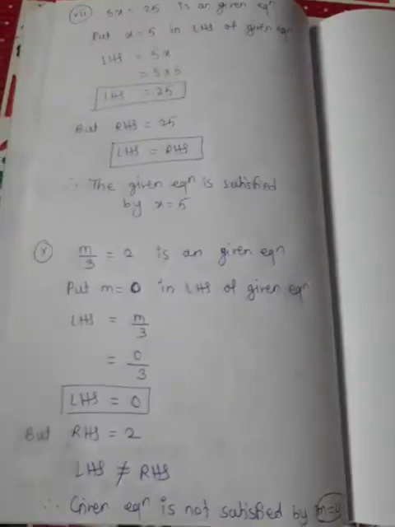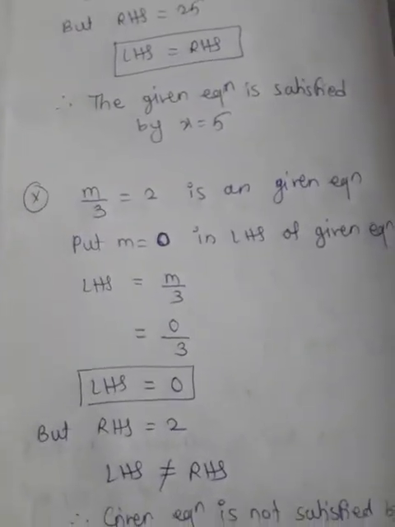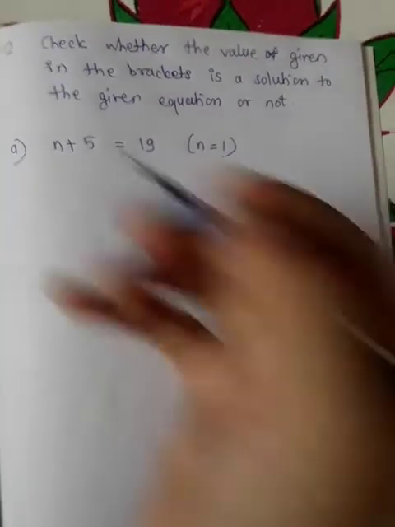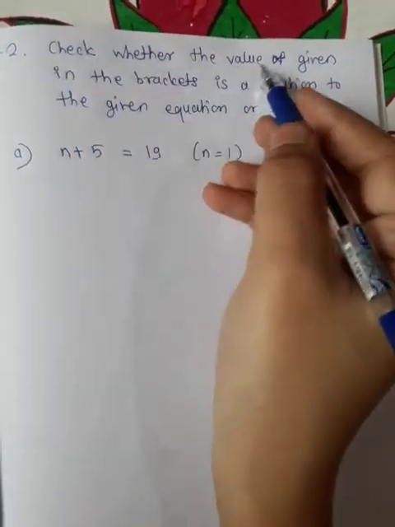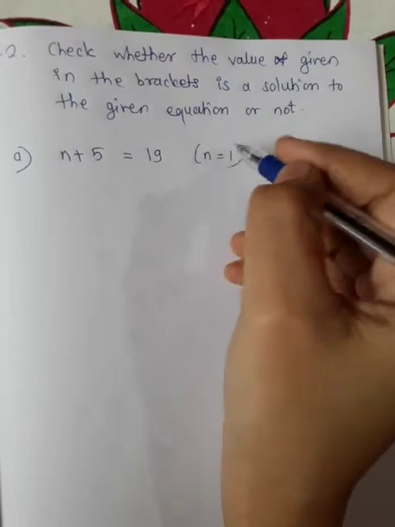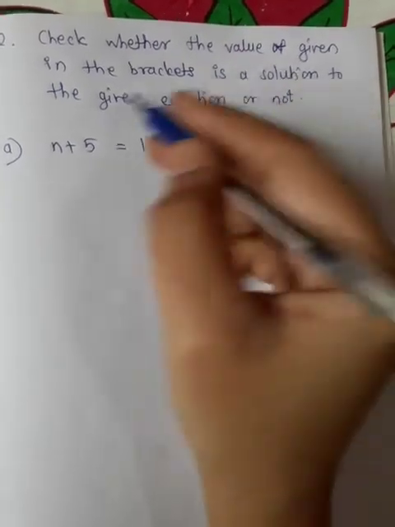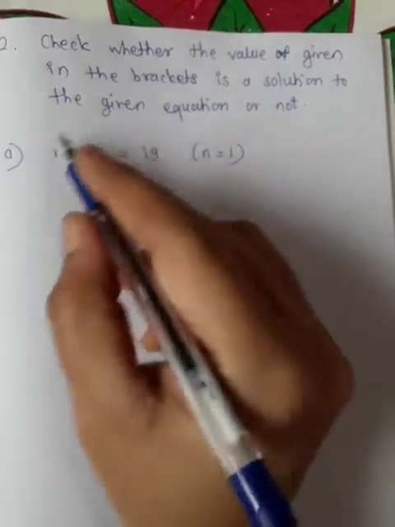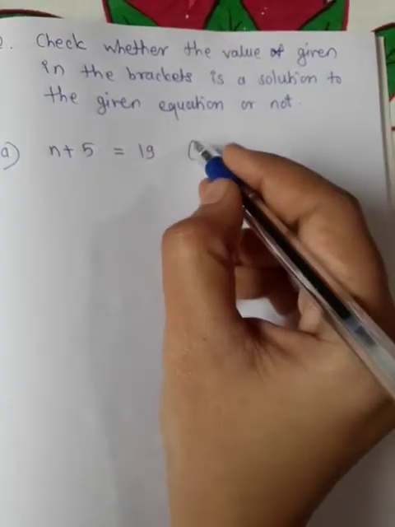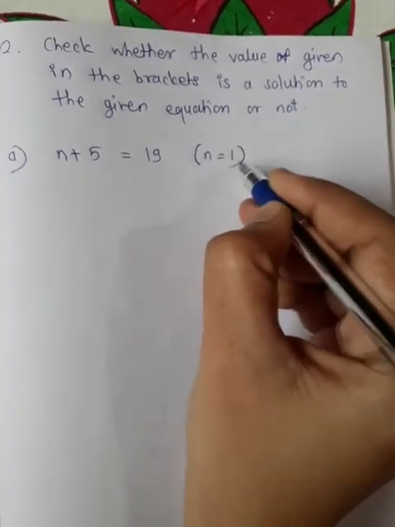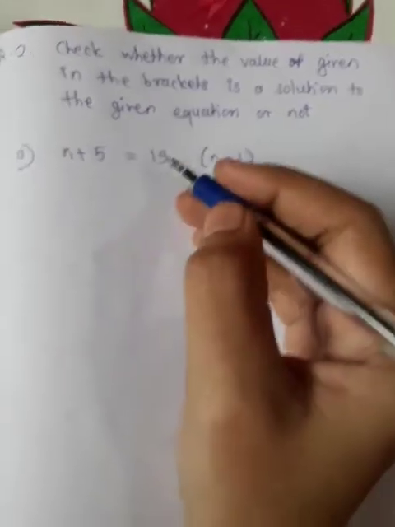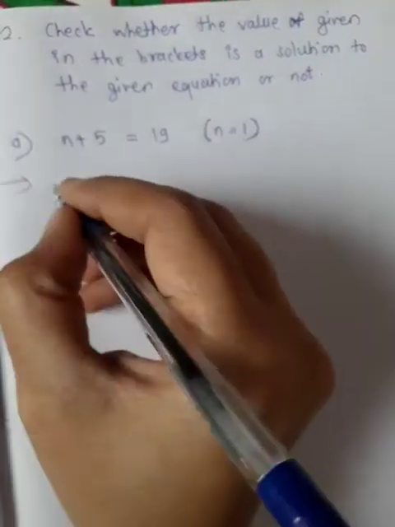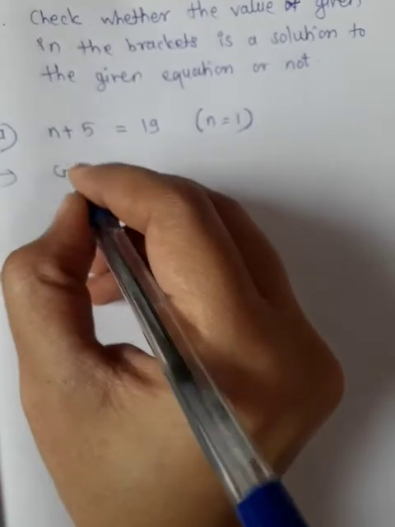Okay, now there is question number 2, that is: check whether the value given in the brackets is a solution to the given equation or not. It means they have given equations, and we have to check whether the value given in the bracket is a solution of this equation or not. So in the solution, first write the given equation.